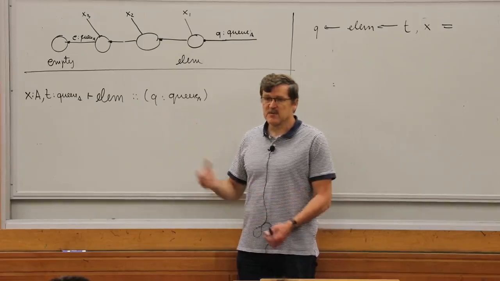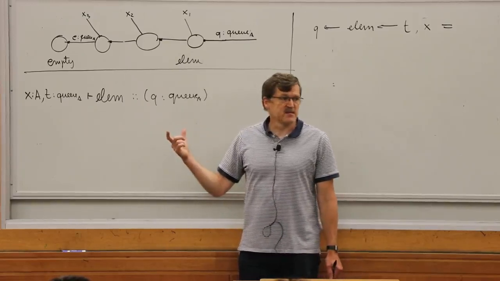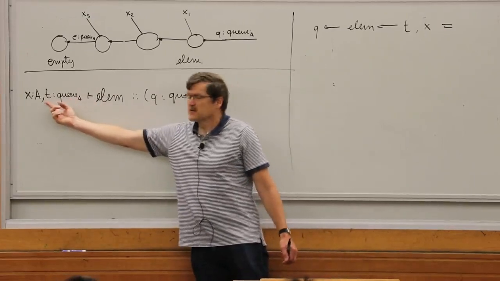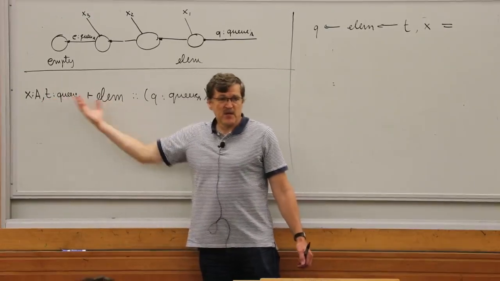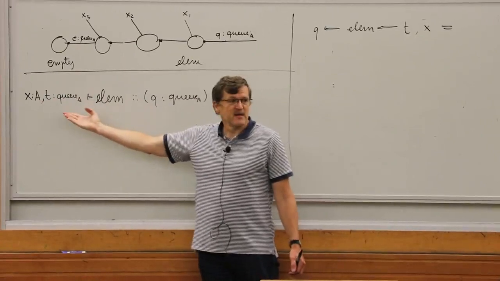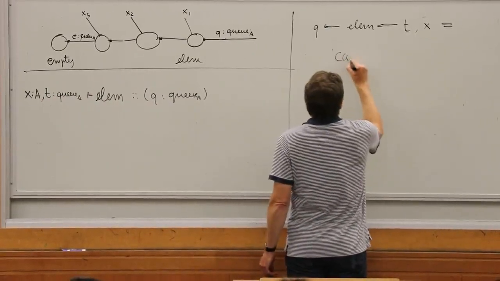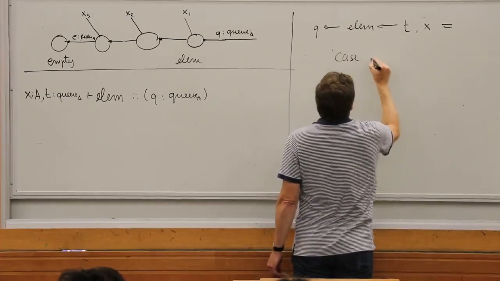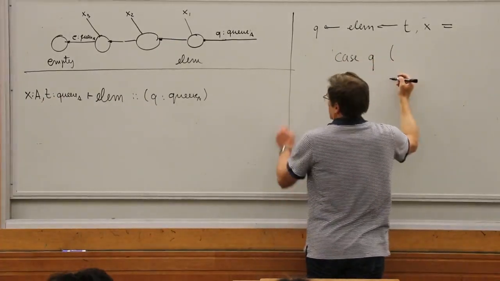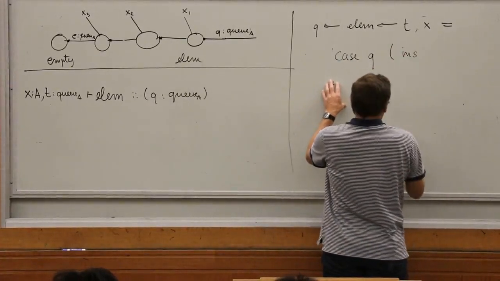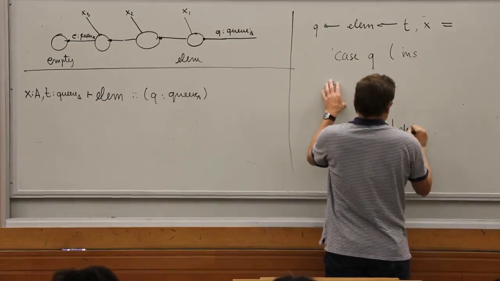So the first thing is we do which message is being sent to us. It doesn't pay off to look into this queue or try to look into this element. We own them, but what would we do with that information? So we'll start with a case on Q, what we receive along Q. And there's two possibilities. We can receive an insert, or we can receive a delete.